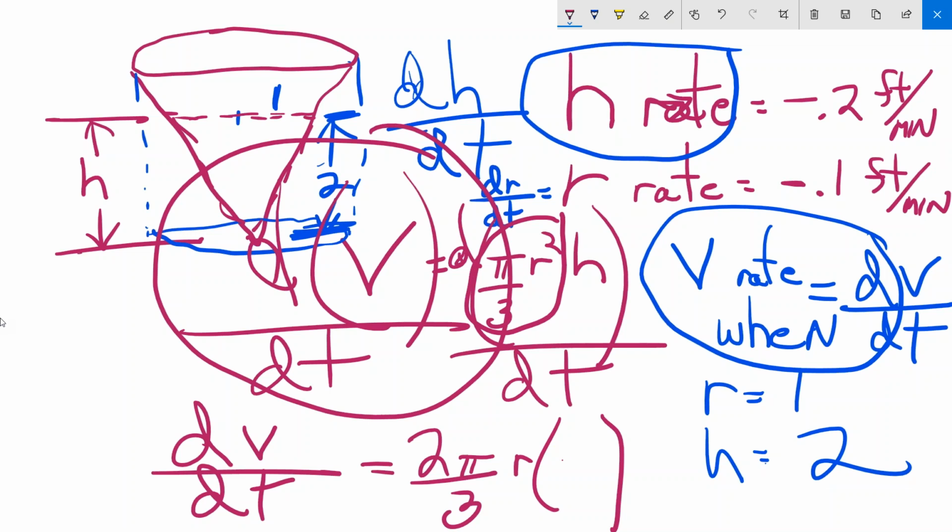R is not t, so we've got to follow that with a dr dt. Okay. What's the derivative of h? 1, followed by, since h is not t, dh dt. There you go.